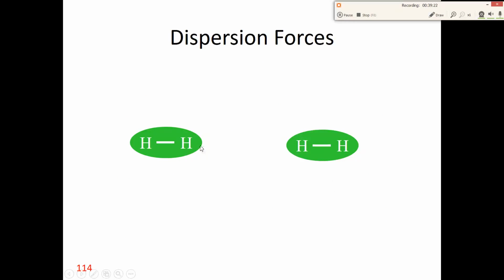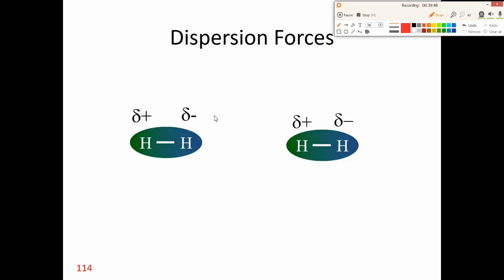Okay, here is an animation to show you what's happening. When this hydrogen gas molecule moves around, it creates a temporary dipole. Now the other hydrogen molecule is also moving around and also creates a temporary dipole. So these two temporary dipoles are going to align this way and attract each other.